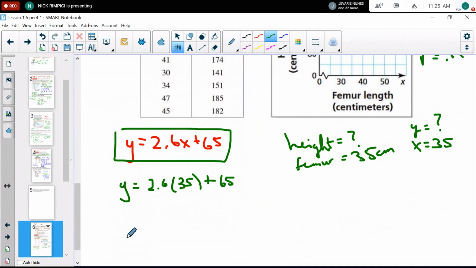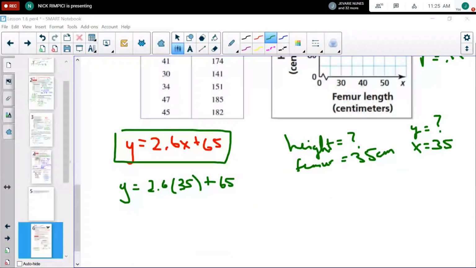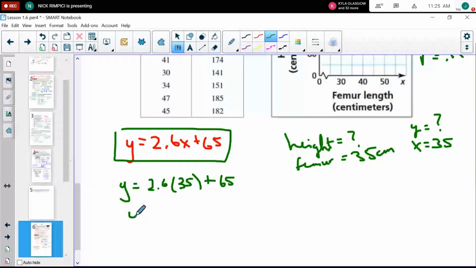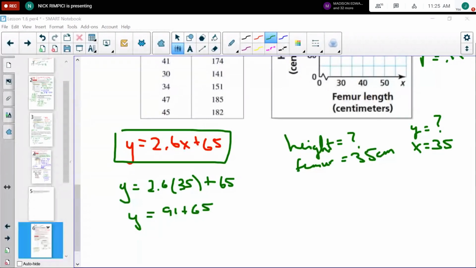And yeah, we need a calculator. It's definitely going to be helpful for this. So let me just get a calculator. Okay, here it is. In this question, it's 2.6 times 35. 2.6 times 35, I have 91. And then I can add 65 onto that.